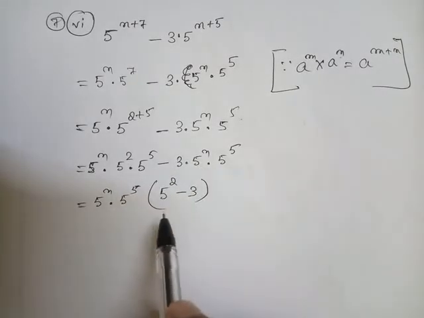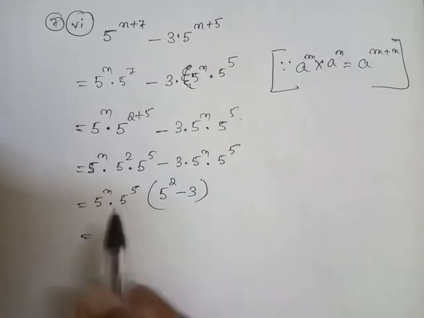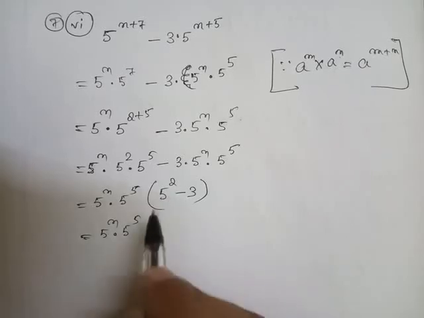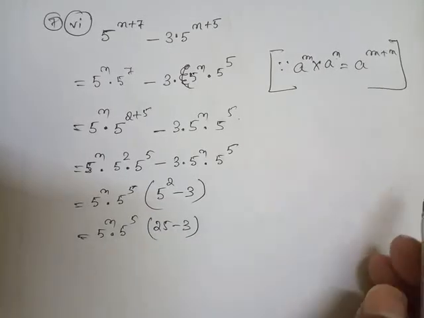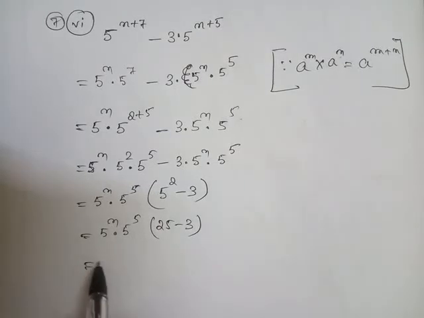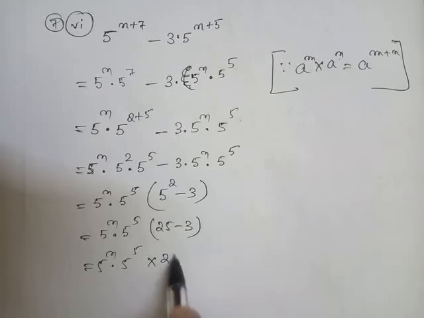So 5 square into, there is 3. 5 to the power n into 5 to the power 5, and 5 square is 25, minus 3. 25 minus 3 is 22. So 5 to the power n into 5 to the power 5 into 22.